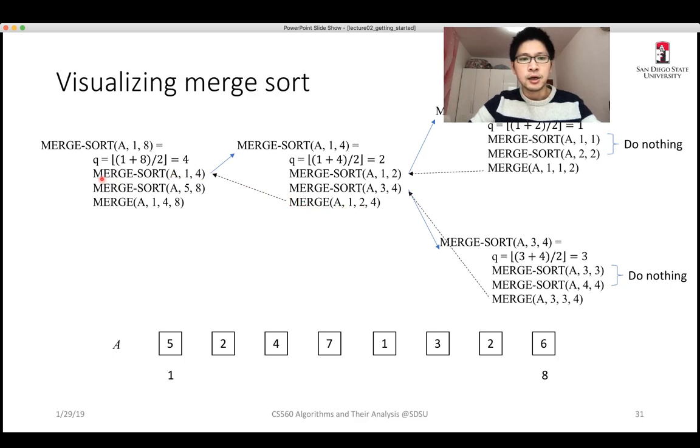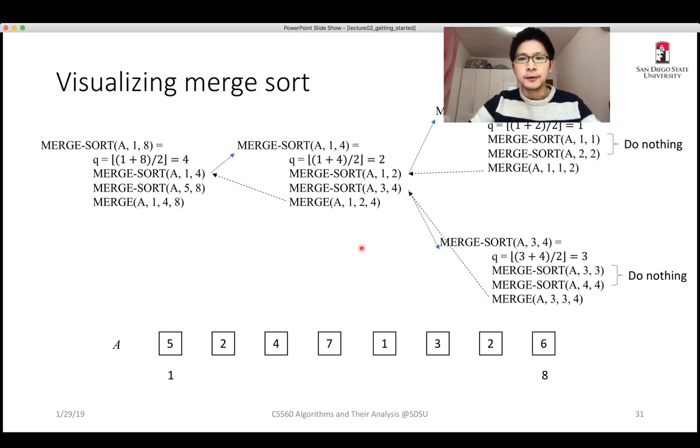That means the call of merge sort on A1 to A4 is fully done. After this, the next line, merge sort on A5 to A8, is done in a similar way, and eventually we reach the merge call on the whole array A.